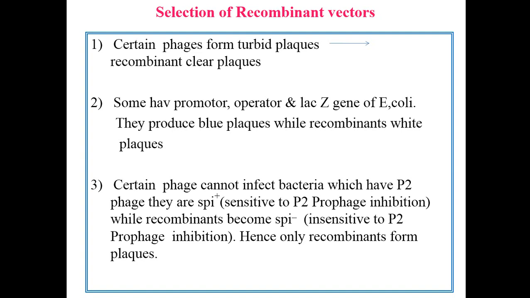Selection of recombinants is carried out on the basis of plaques. Now the viruses, you all know, when they infect any cell, animal or plant, form clear areas on the nutrient medium. These are known as plaques.